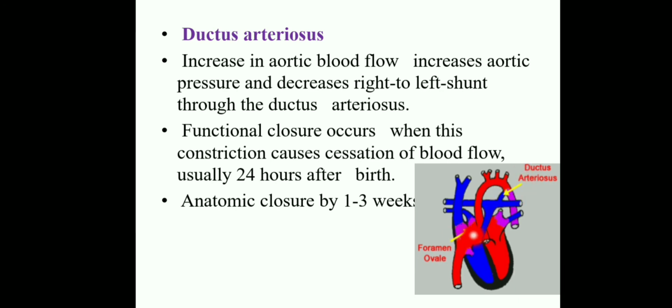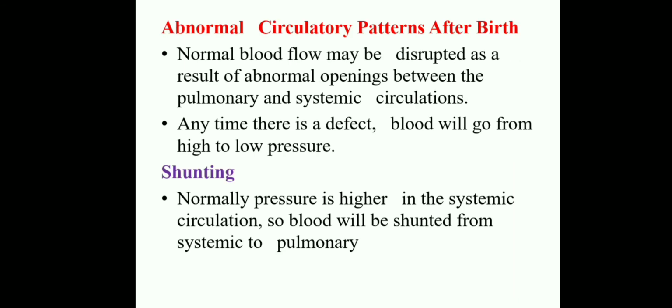Okay, this is the foramen ovale. Okay, next one is abnormal circulation pattern after the birth. What abnormal circulation pattern after the birth means is the normal blood flow may be disrupted as a result of abnormal opening between the pulmonary and then systemic circulation.